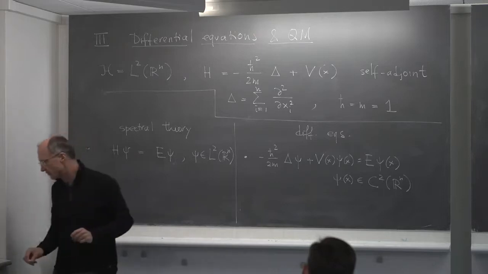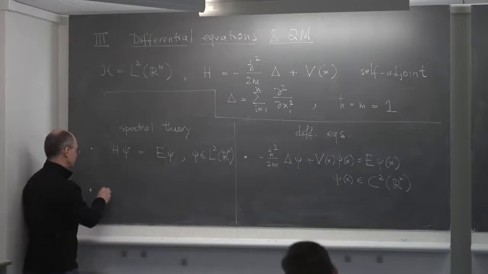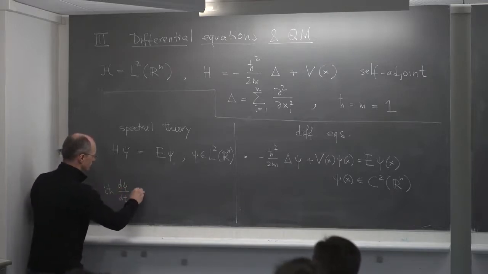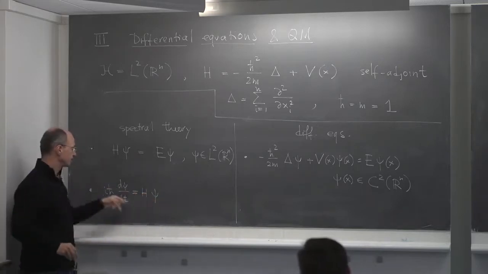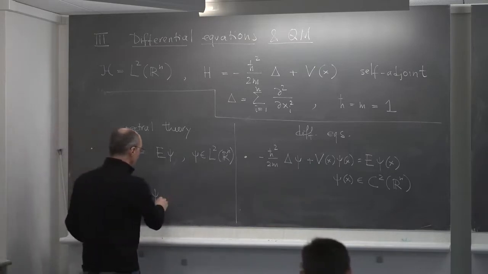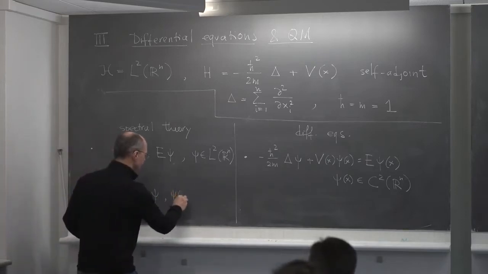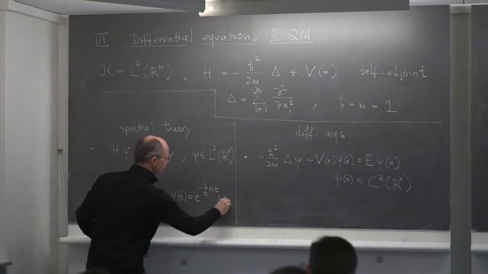So the other equation that we're interested in is the evolution equation. So the evolution equation looks as follows. Again, psi should be in the domain of definition of H, or we can actually think of solutions psi of t equal to exponential minus i over h-bar Ht psi of 0.